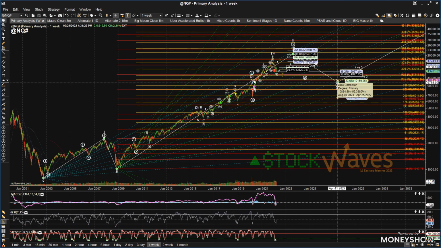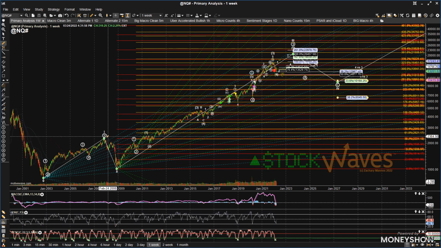Now, I don't think that's the end of Western civilization, but that can easily be a correction that is on par for the Nasdaq with the 2007 to 2008 drop in terms of degree magnitude. That doesn't necessarily mean that the Nasdaq is going to drop 54, 55%, but a normal consolidation from the 20,000 region could easily be 45 to 50%, at just a higher level of normal Fibonacci support that we look for.